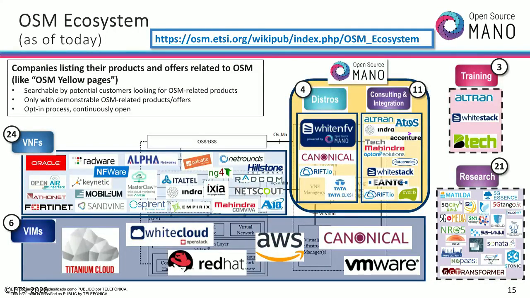Well, on the comparison, I think this is a topic that we've covered several times, but OSM obviously is providing an orchestrator, and we are aligned to what is happening in MANO. Obviously, we are adding other functionalities that are not restricted to what an NFVO does, and for instance, slicing is an example of that.